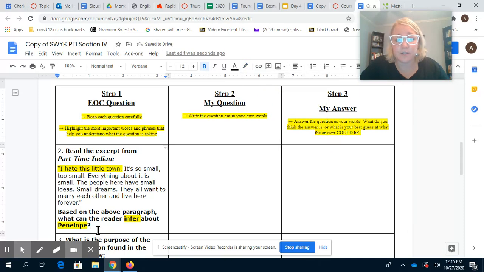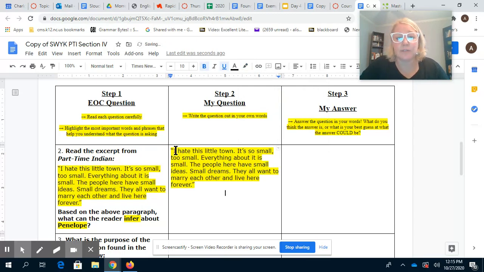And we focused on characterization as we read. So actually, I'm going to change this. I'm going to highlight everything because it is based on the whole quote. And I'm also going to copy it and put it here because I need to analyze that whole quote.